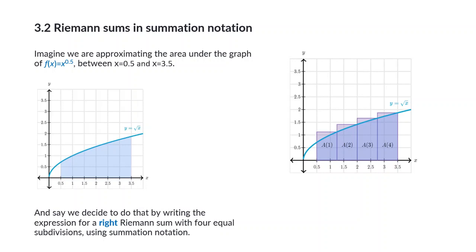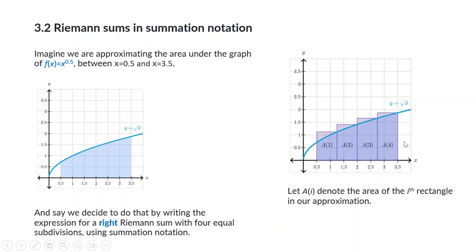Then the total area under the curve can be expressed as A1, the area of the first rectangle, plus A2, the second rectangle, A3, the third rectangle, and A4, the fourth rectangle.